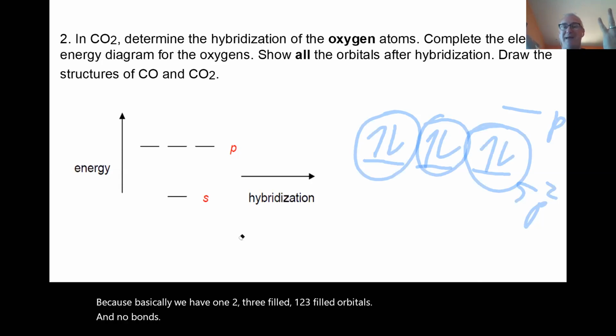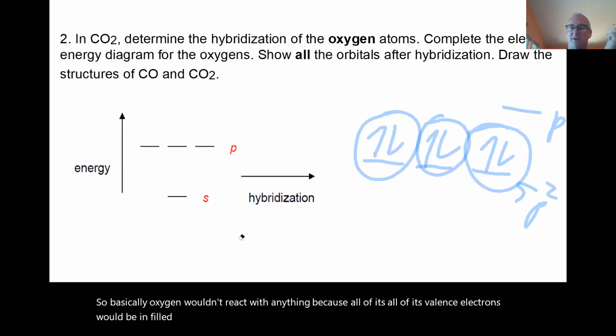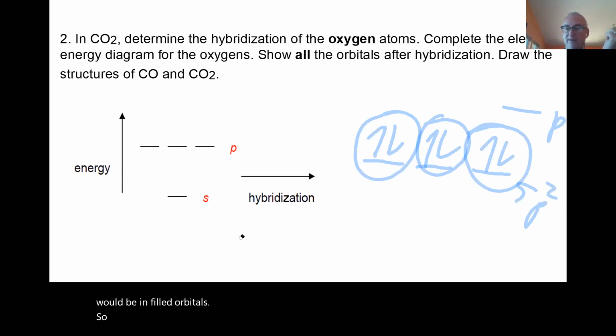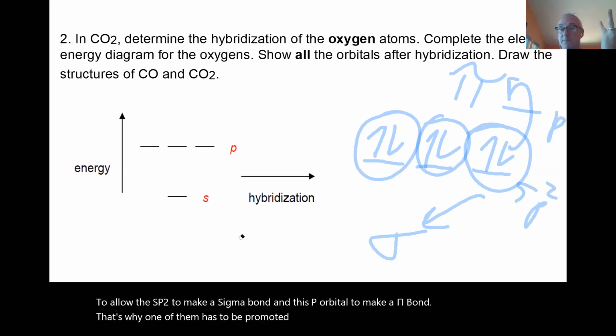So oxygen wouldn't react with anything because all of its valence electrons would be in filled orbitals. So we have to put one of them in this p orbital to allow the sp2 to make a sigma bond and this p orbital to make a pi bond. That's why one of them has to be promoted to p, or else it wouldn't make any bonds.